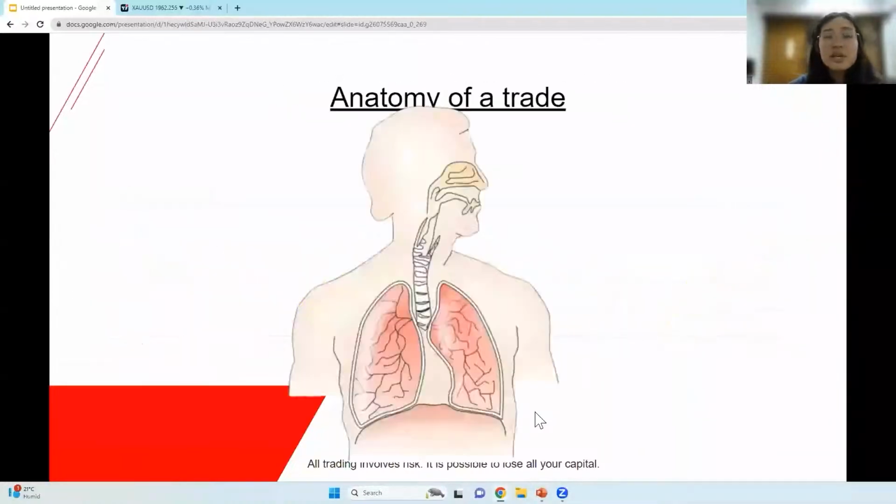Now that we have gone through the fundamentals of gold and understanding the science behind gold, let's take a look at some technical analysis tools that you can use when you are trading gold. Trading gold is pretty similar to trading any other currency.